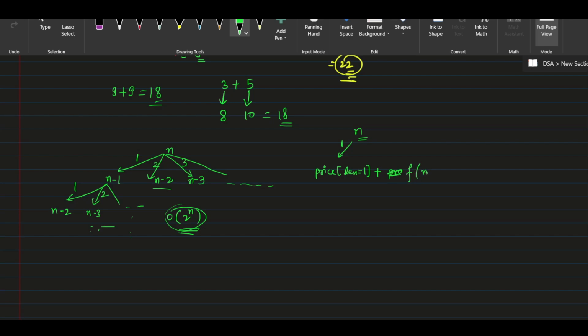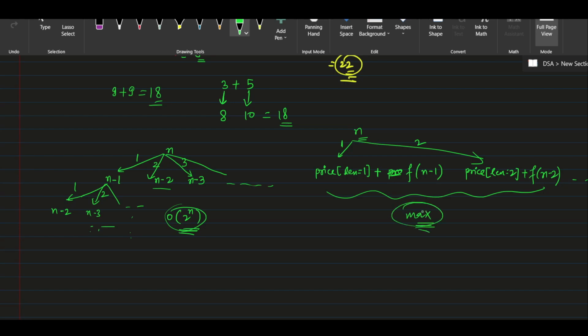If I make a cut of 2, then my answer will be the price of length 2 plus f of n minus 2, and so on. Whatever is the maximum of these will be our answer.